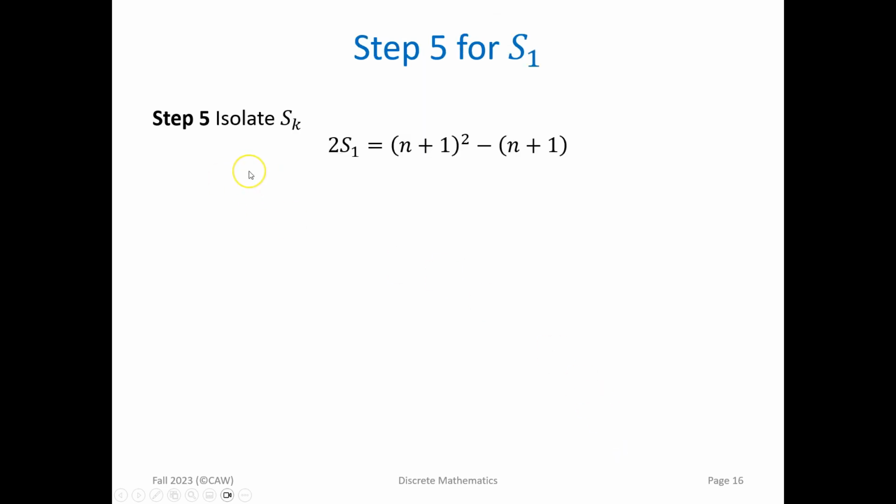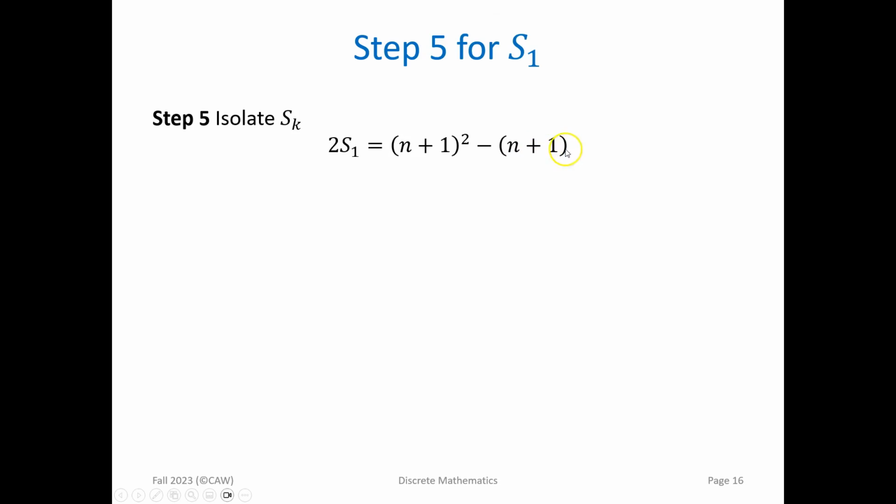Once we have this, we'll do step 5. We'll isolate S1. Well, from the previous equation, we're going to have 2 S1, and we're going to isolate that. So the terms that were with 2 S1 were the 1 and the plus n. So we'll bring that across, and we'll end up with n plus 1 squared minus the term n plus 1.